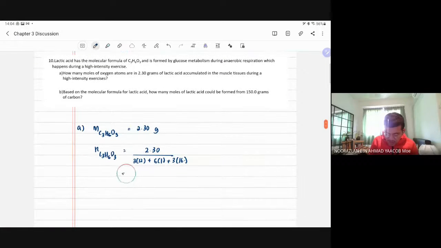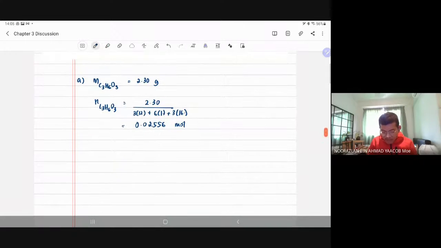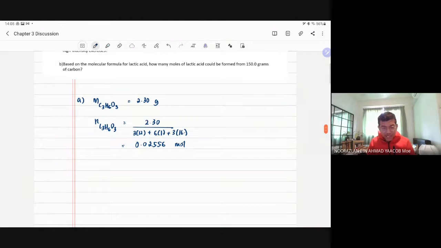Okay, so you will get 2.3 divided by 3, 12 plus 6 plus 3, 16. You should get the number of mole as 0.02556. This will be the number of mole of lactic acid itself.